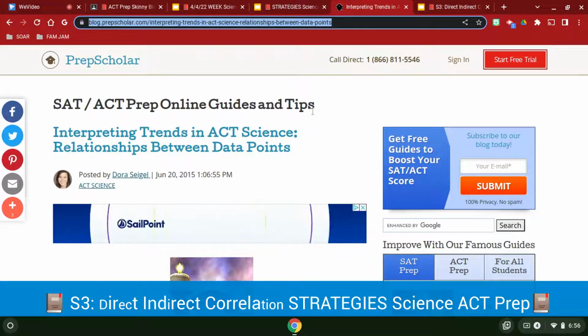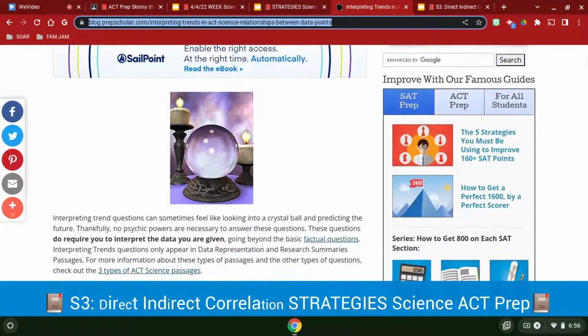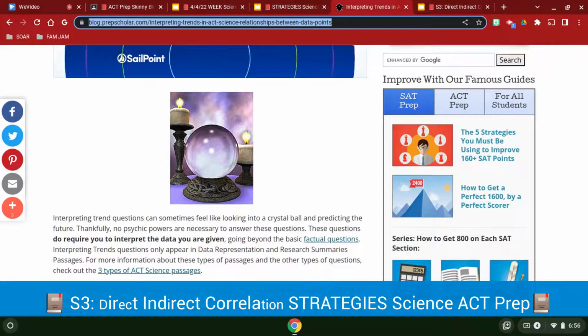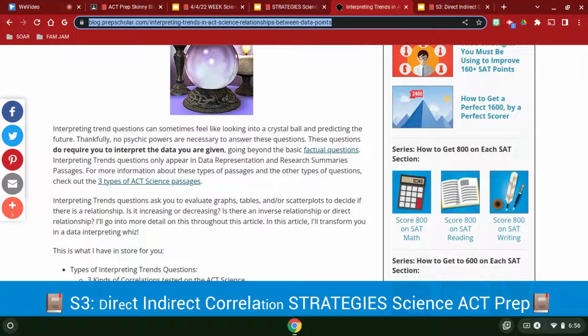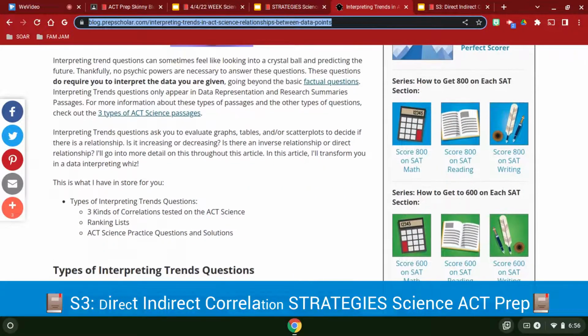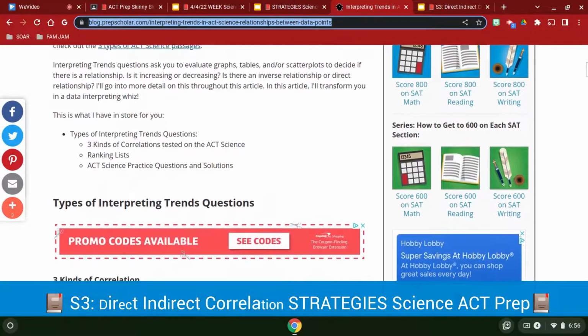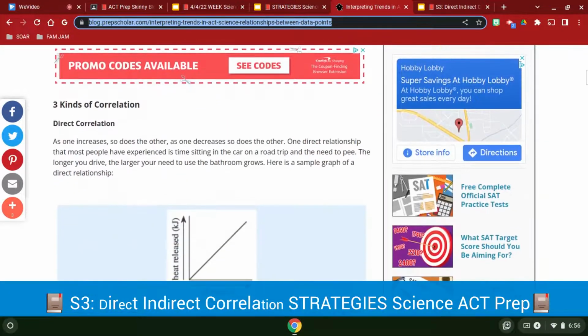You may have heard that term before, you may be completely brand new at it, but there are different relationships in between graphs. They're either inverse, meaning that when something is positive, then something else is negative. They could be direct, meaning positive, positive, negative, negative, or they could just be absolutely no relationship whatsoever.